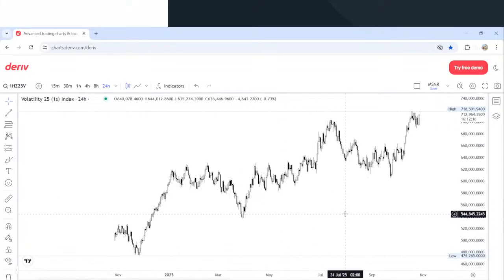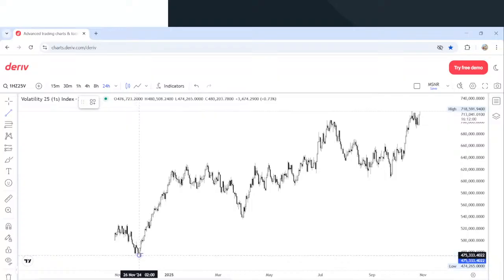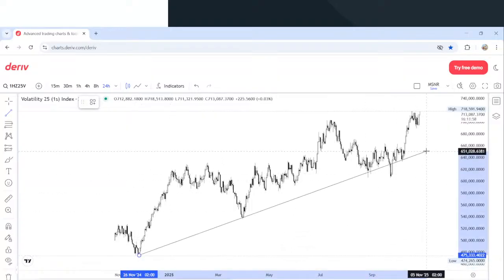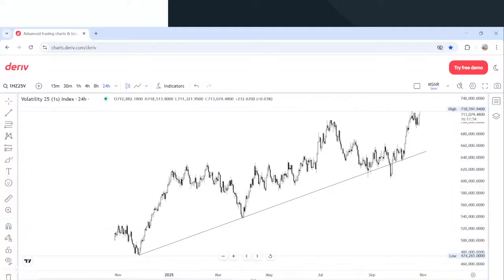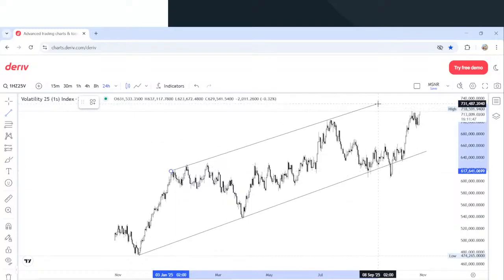V25S has been on the uptrend, but I don't like it because it doesn't respect. Look at this, but it does respect. Can I join these lines or can I not? Yeah, you can. See, and if you look at this, you can.